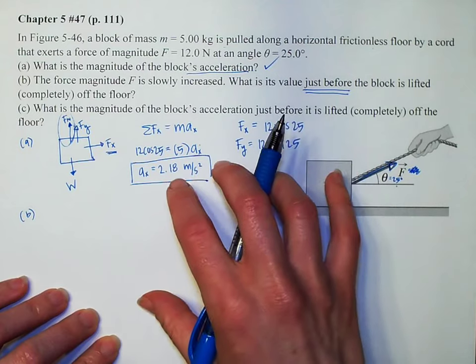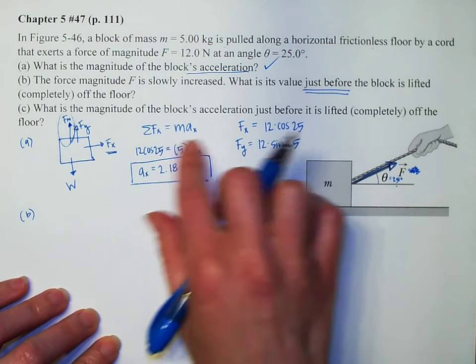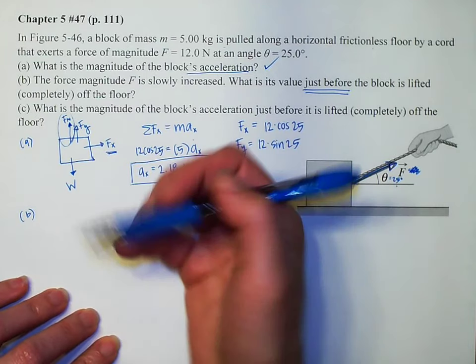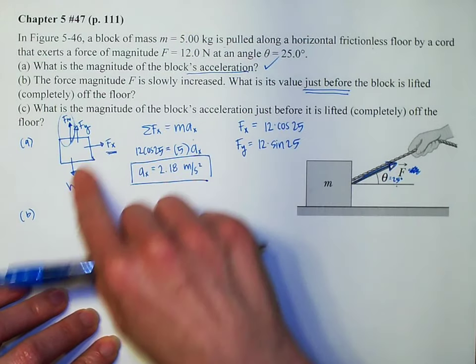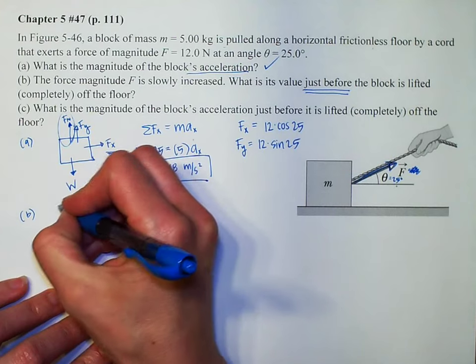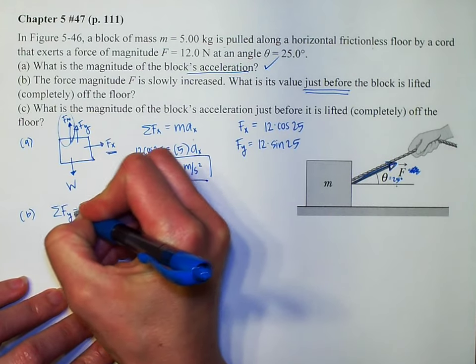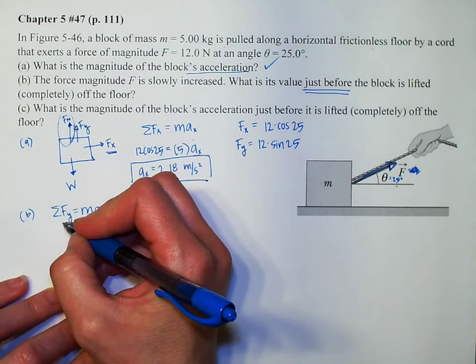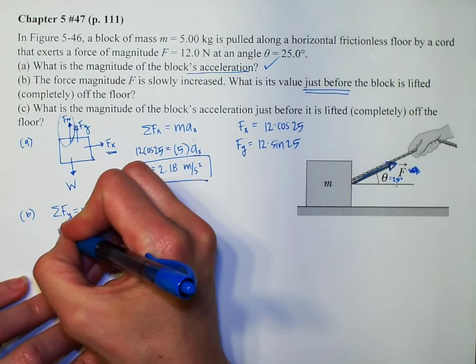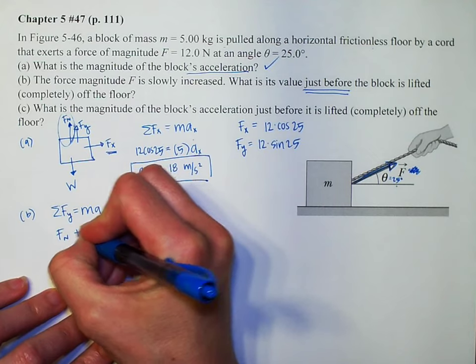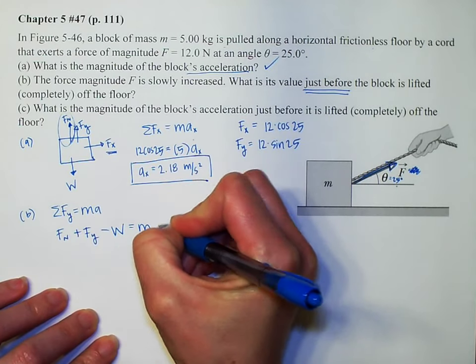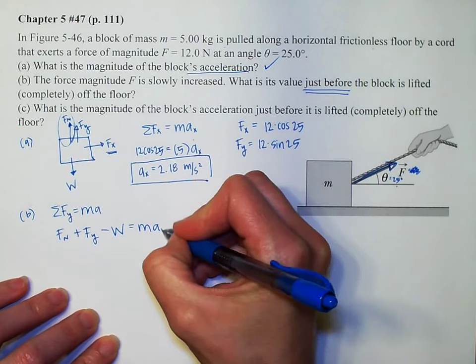But let me sum our forces really quick, just so you can kind of see how this works. So if I'm dealing with being lifted off the floor, then I want to be dealing with the Y direction. So I will have the sum of the forces in the Y direction equals mass times acceleration. And so I'll have up be my positive direction. So F normal plus Fy minus weight equals mass times acceleration in the Y direction.